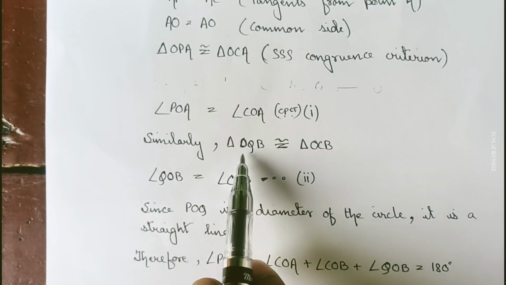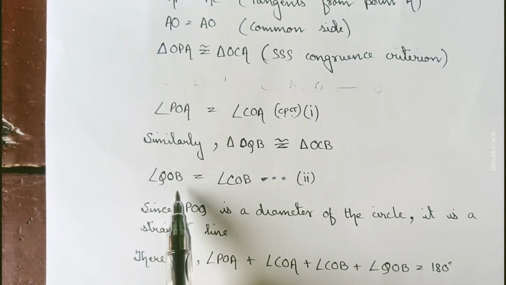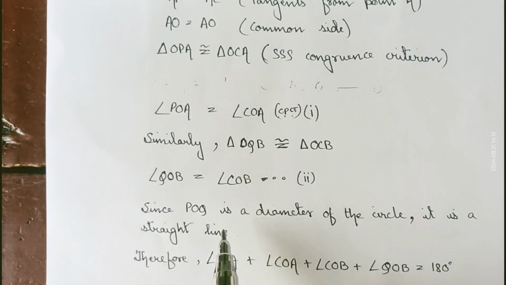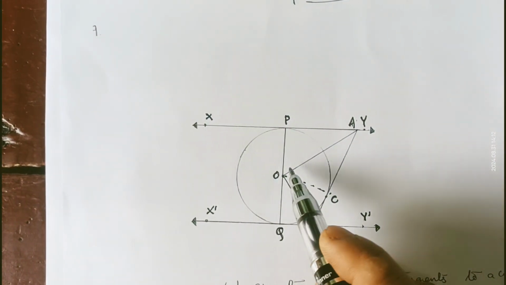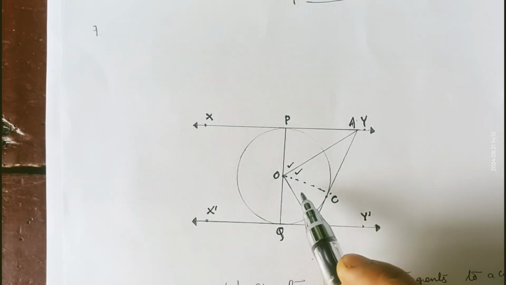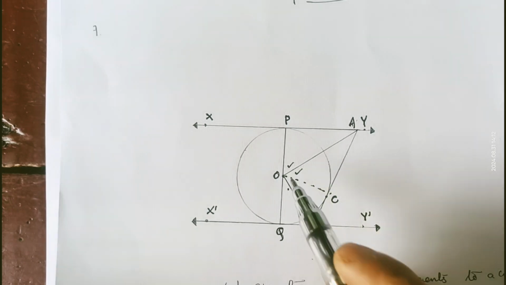Similarly we can write triangle OQB is congruent to triangle OCB, so angle QOB equals angle COB. Now POQ is the diameter of the circle. Since POQ is the diameter, the sum of these four angles equals 180.